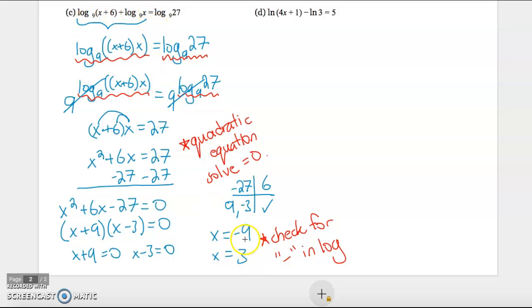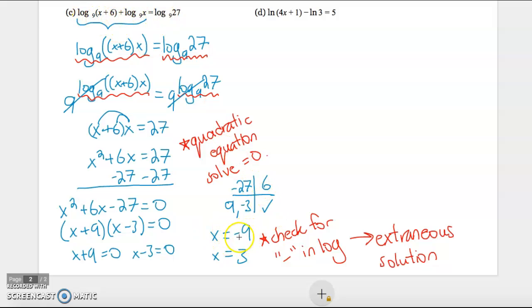Because if that is the case, then that becomes an extraneous solution, which means it's one that we found that was possibly going to be the answer, but then turned out not to be because it didn't make my original equation true.